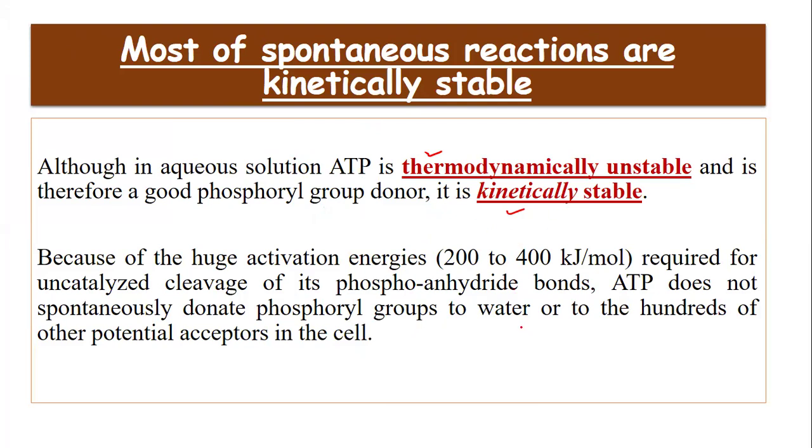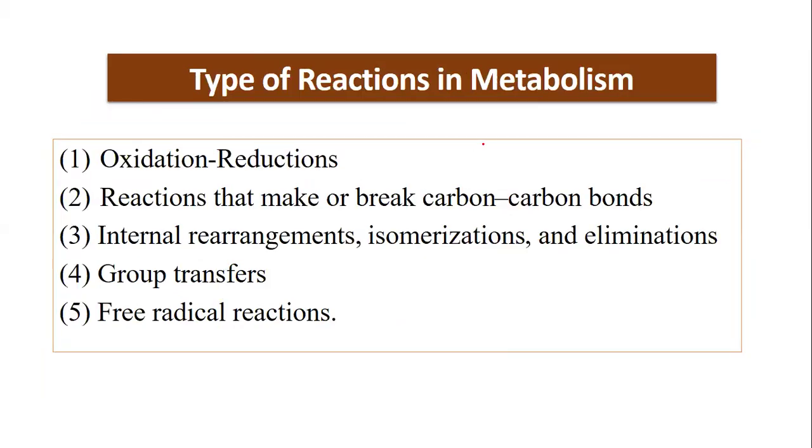So, though ATP can transfer energy to other chemical reactions, this transfer of energy is dependent on the availability of enzymes, which will reduce the activation energy barrier of ATP hydrolysis. Please keep this point in your mind that kinetically this process is slow, though thermodynamically it is favorable.